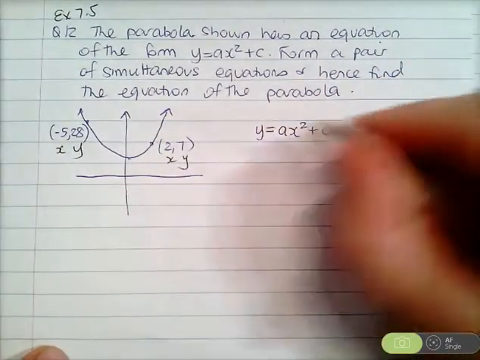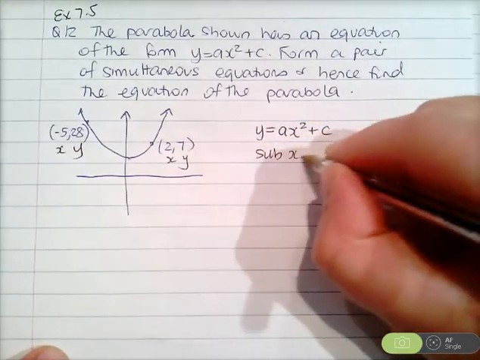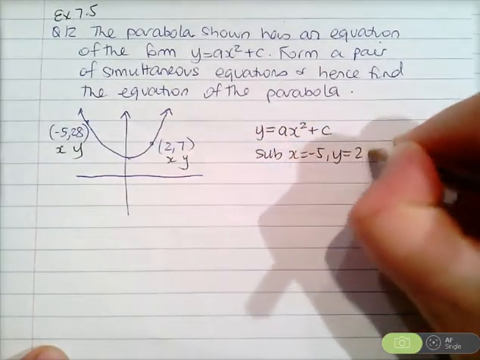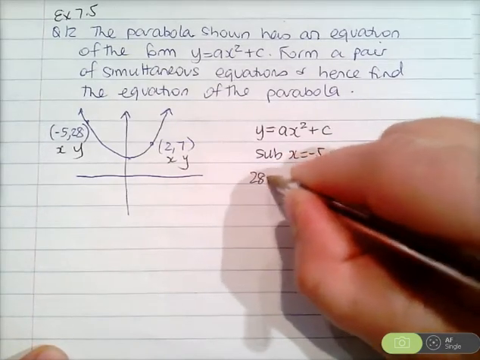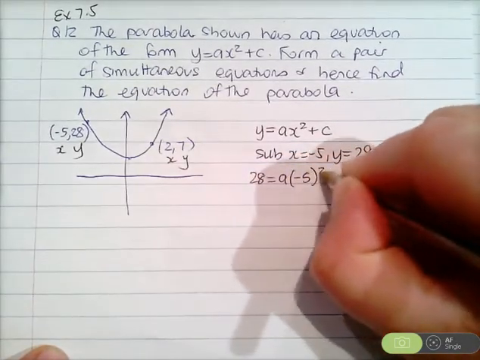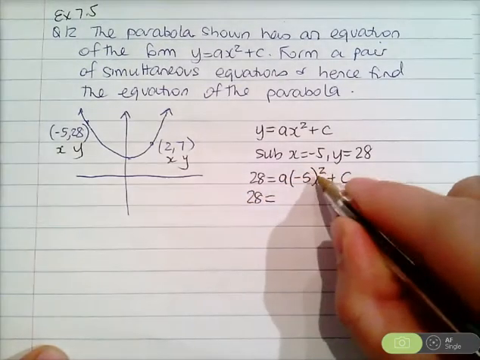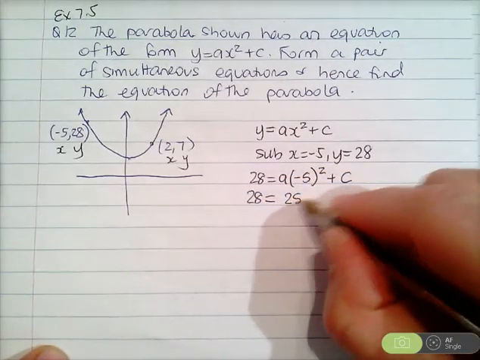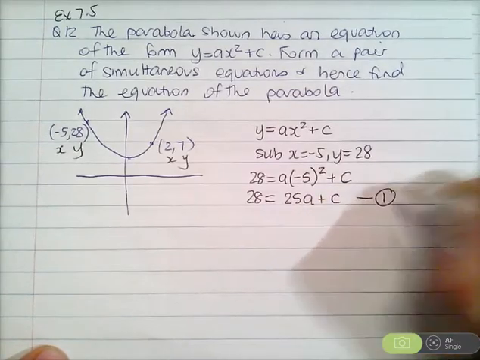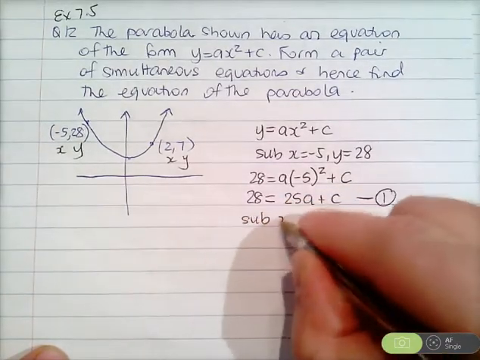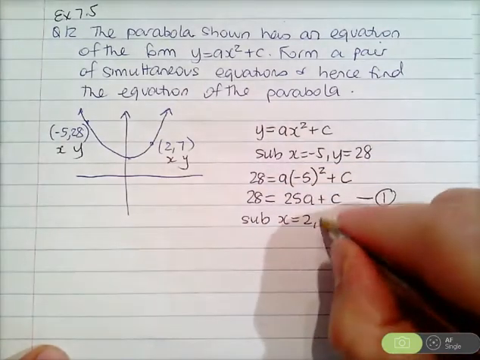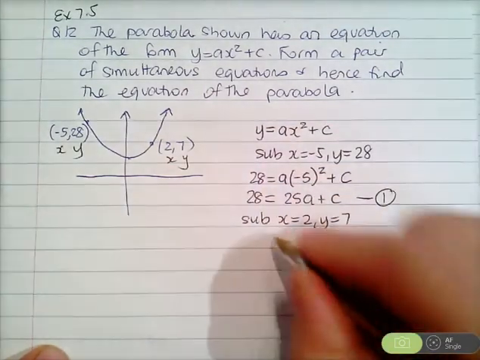Firstly, I'm going to substitute in the point x is negative 5, y is 28. And I get 28 equals a times negative 5 squared plus c. And I'll get 28 equals, now negative 5 squared is 25, 25a plus c, I call that equation 1. Then I'm going to substitute x is 2, the other point, y equals 7 into the original equation.